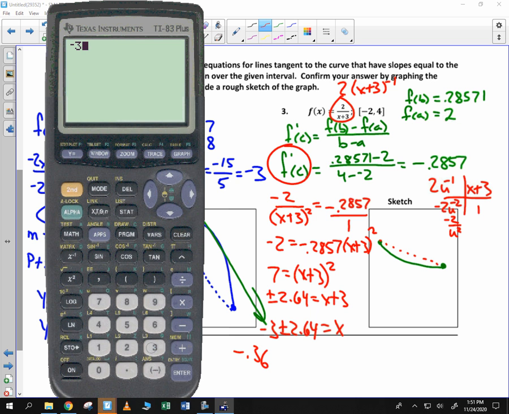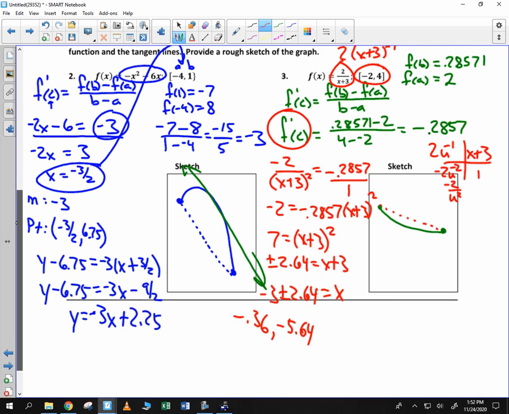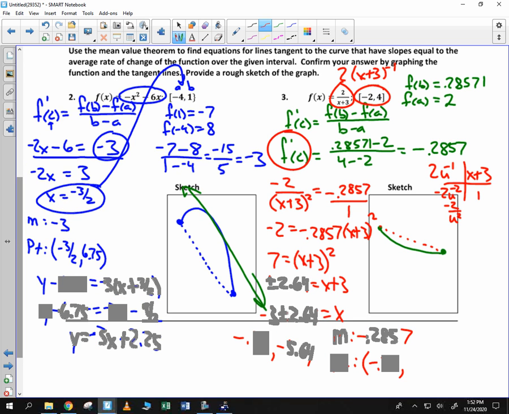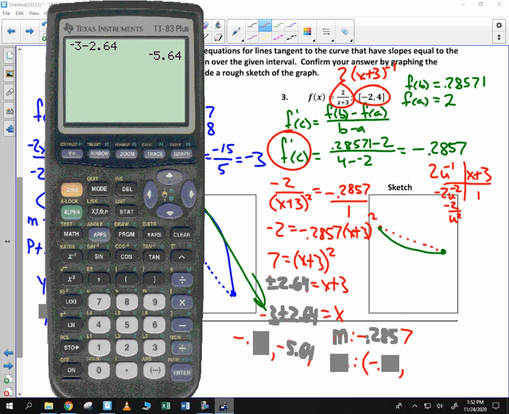And I get negative 3 minus 2.64, and I get negative 5.64. Well, which one of these falls in the interval? And if your answer was negative 0.36, you're right. See, our slope is negative 0.2857, but our point, we found that our x value is negative 0.36. It falls in that interval. The negative 5.64 does not. So that's what we use.